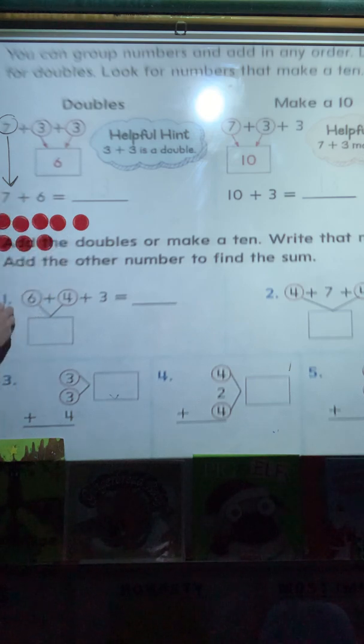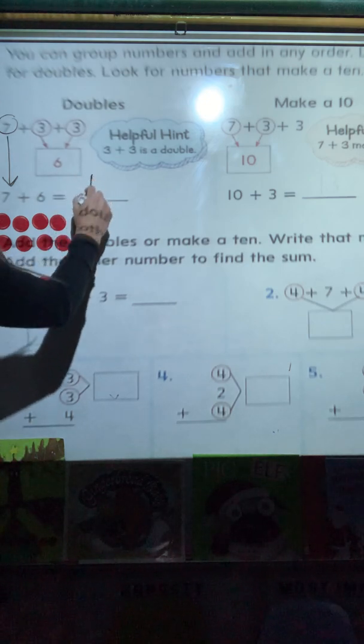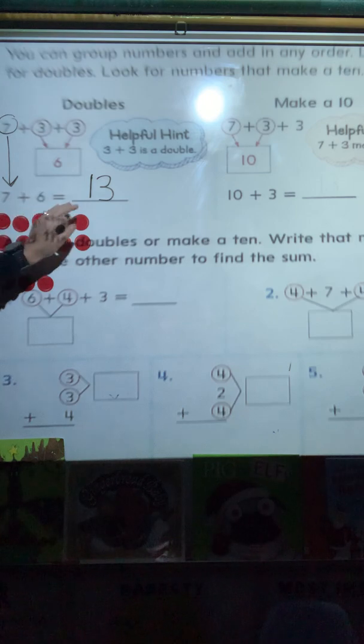Now I'm going to add 6 more. 1, 2, 3. I made 10. 4, 5, 6. So I can see that 10 and 3. I made the 10, 10 and 3, make 13. So 7 plus 6 equals 13.